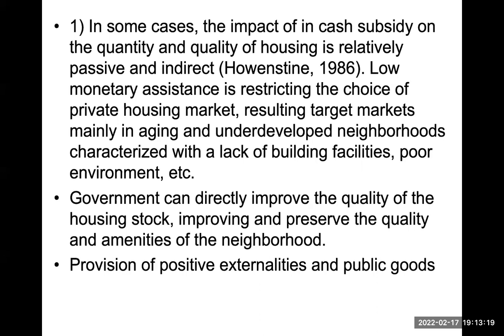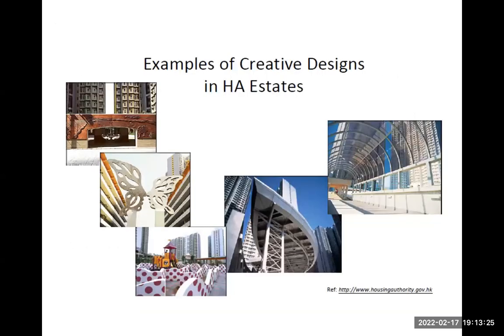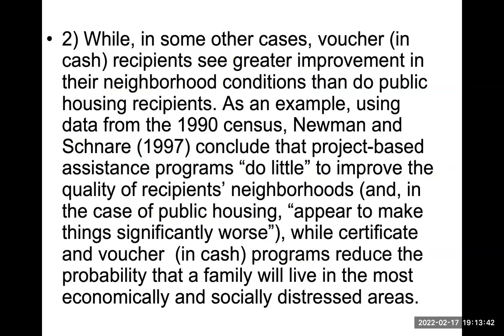So this is the first aspect we look at when we touch the point of quality control. Here the housing authorities have established some public housing buildings in their estates. You can see this architecture style has even better facilities and amenities.